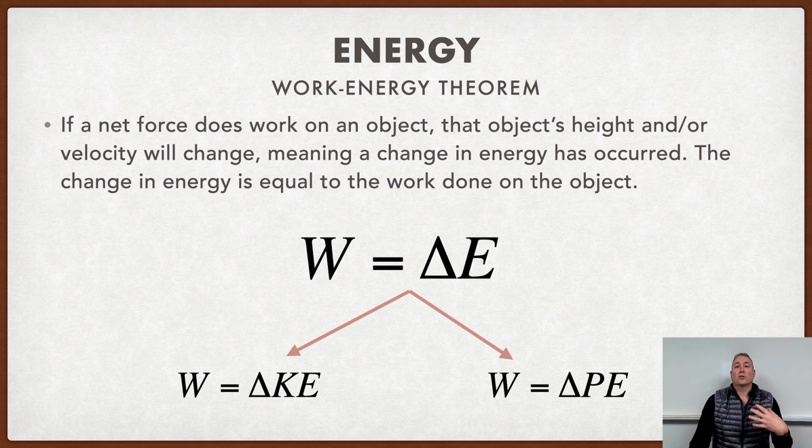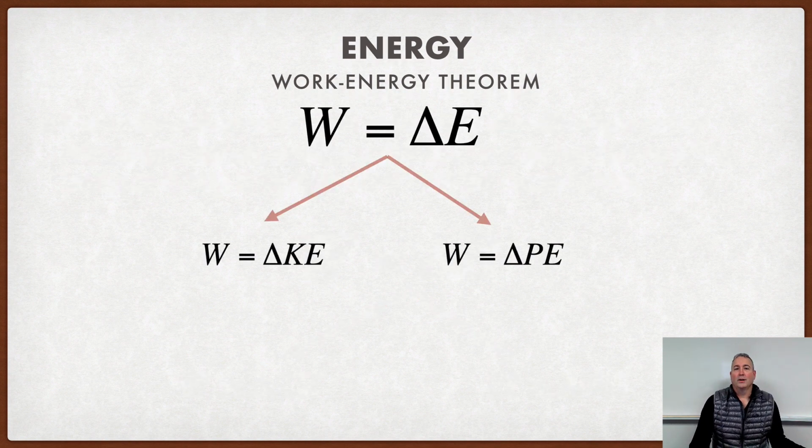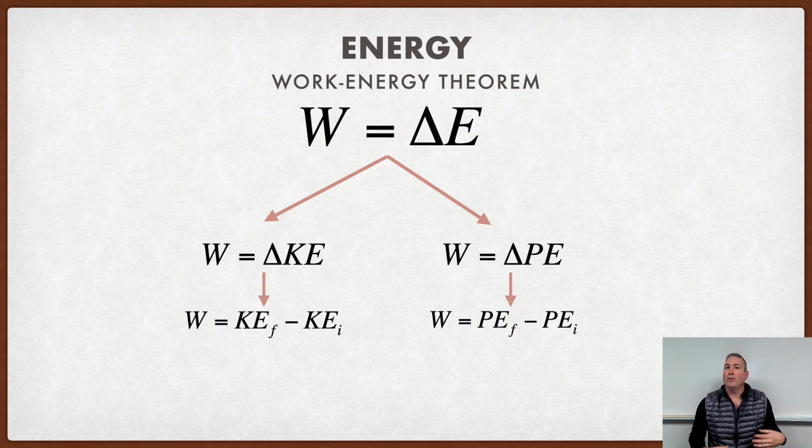All right, so those two formulas, delta KE or delta PE, can be expanded on a little bit, because we know kinetic energy is 1/2 mv squared, and we know potential energy is mgh. So when we're talking about change, we're talking about final minus initial.